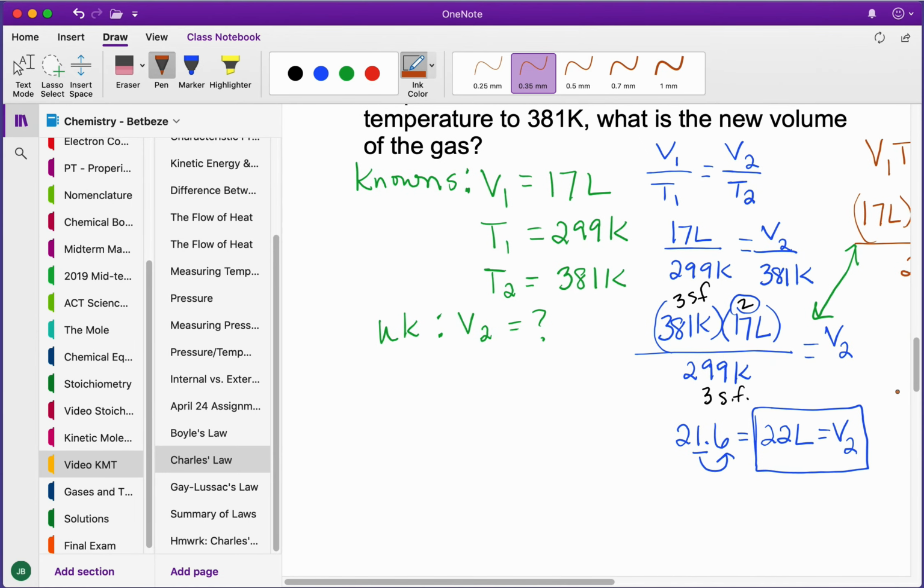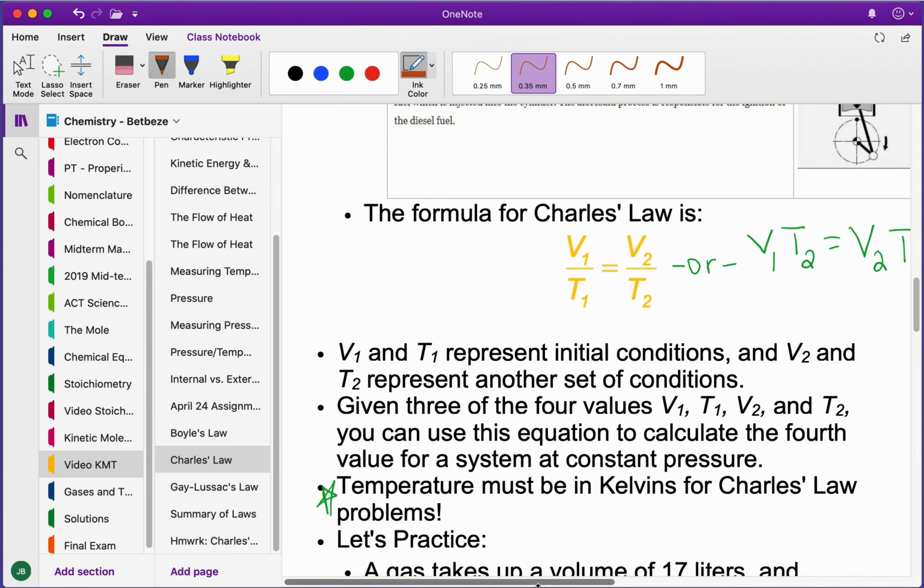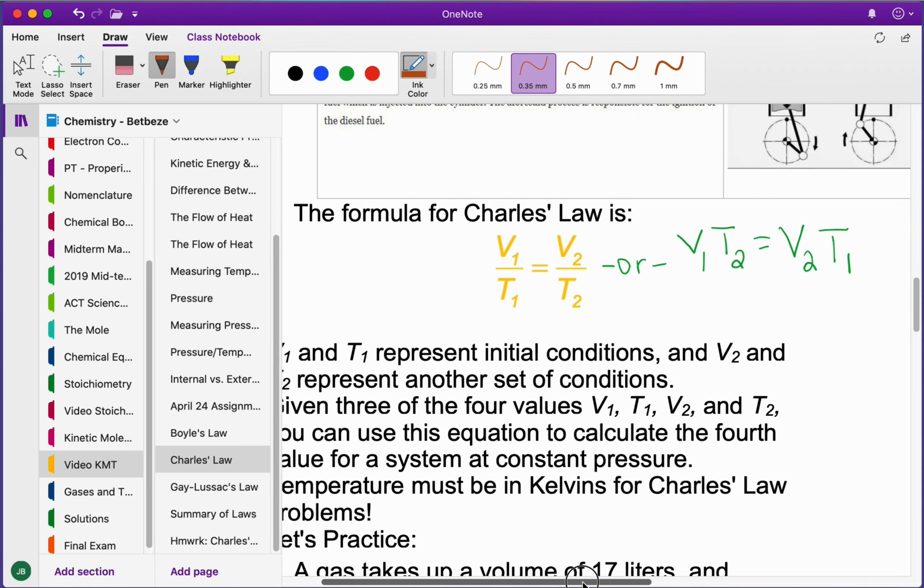So one more time, just in case you need to look at this. Charles's law, we're talking about a direct relationship between volume and temperature. Direct means that as the temperature increases, the volume increases.